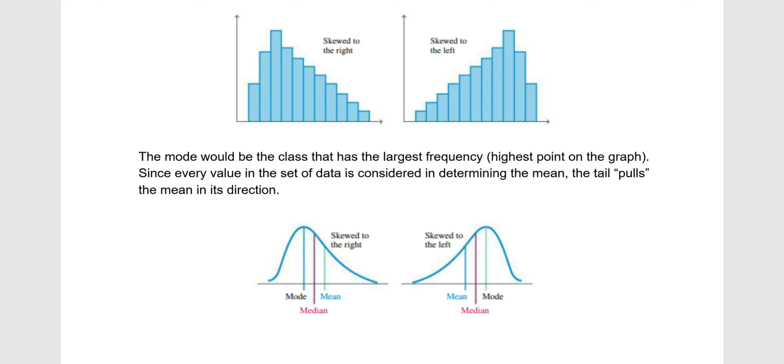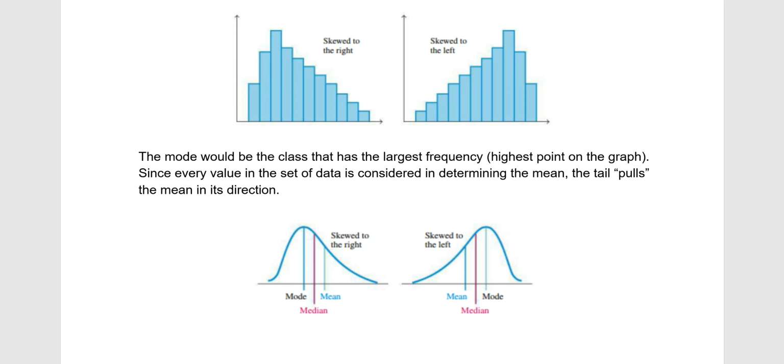That tail on these skewed distributions is going to affect the mean. That's because every value in the data set is used in actually determining the mean. So the mean is going to be pulled in the direction of the tail. So these graphs down here refer to the frequency histograms right above them.